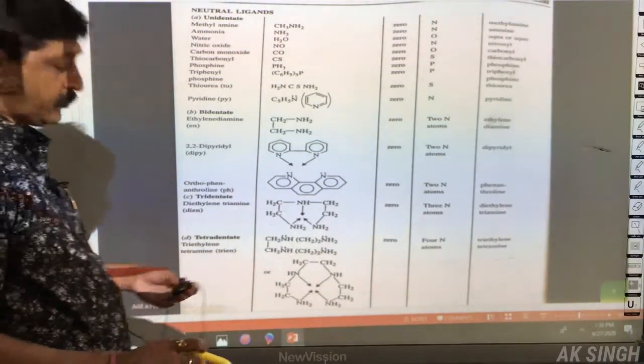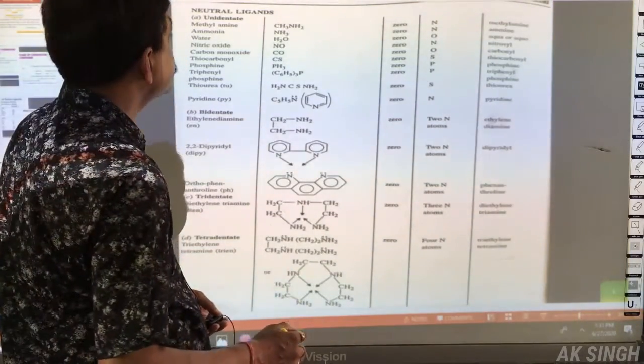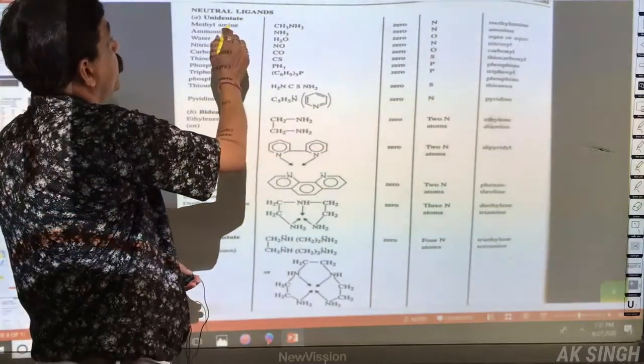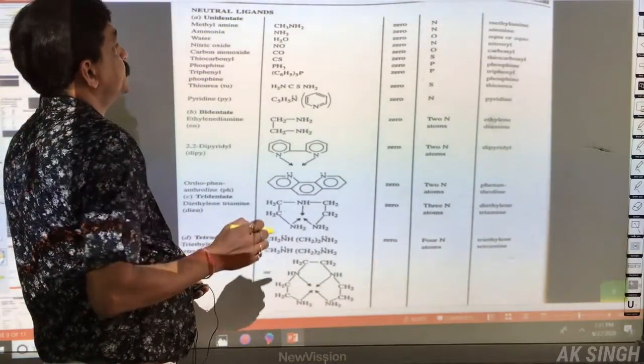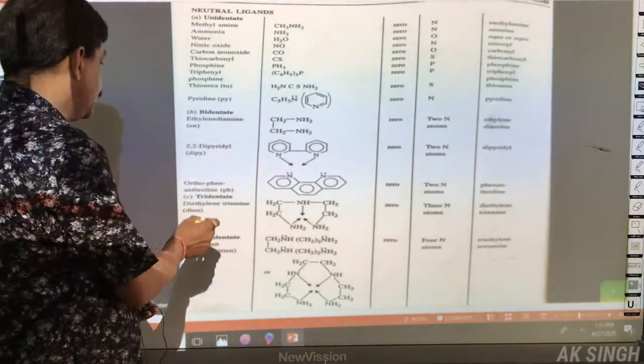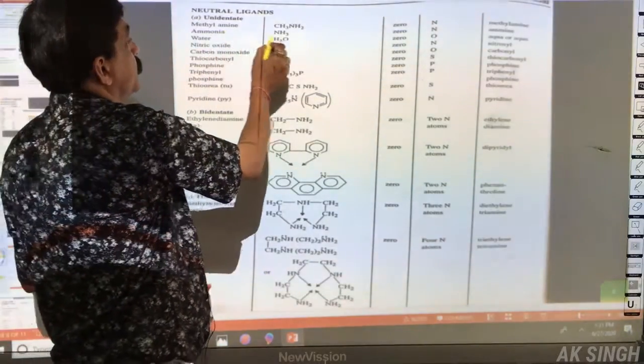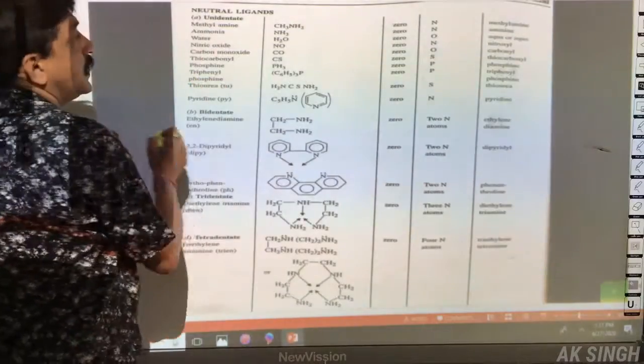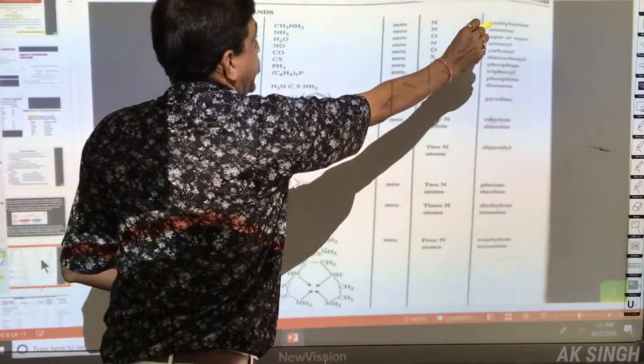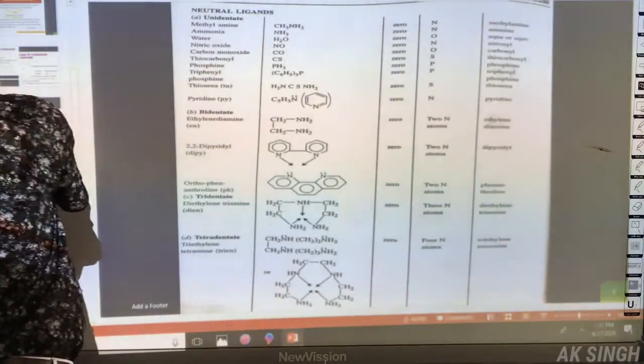Okay, you have to remember these things: the names of unidentate, bidentate and polydentate ligands. First of all, methylamine is named as methylamine.